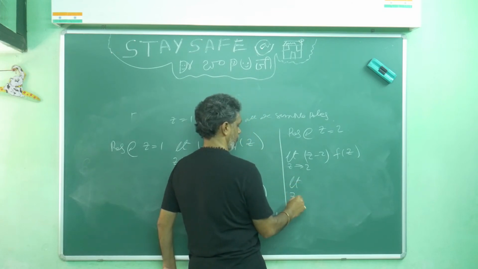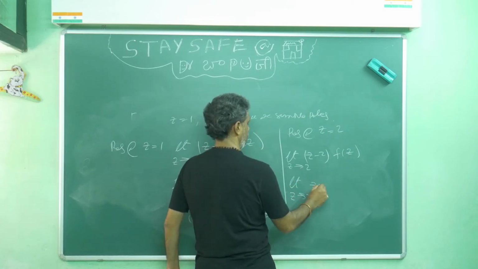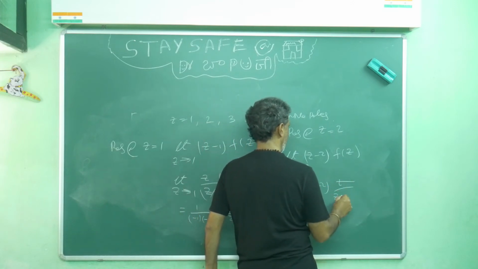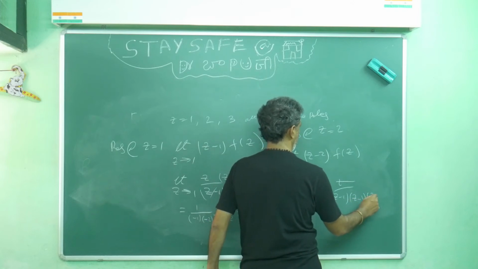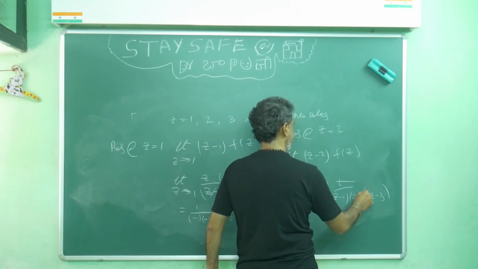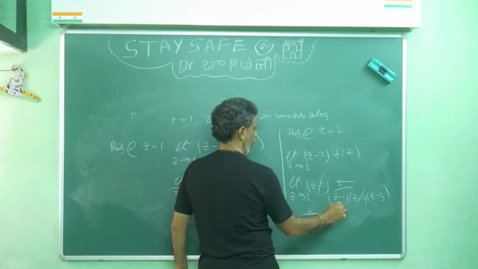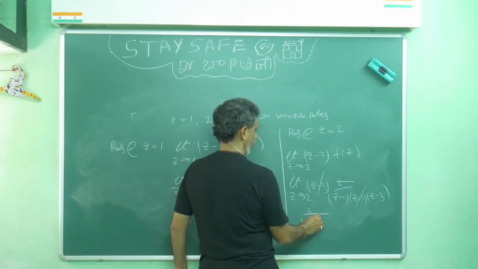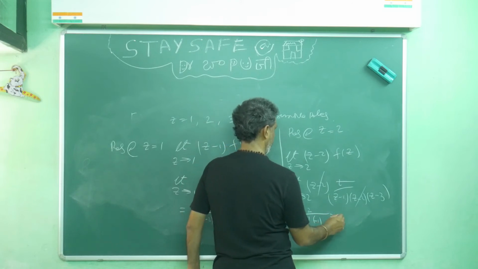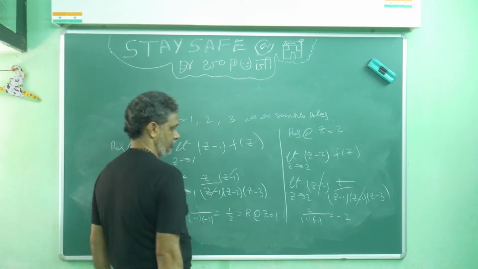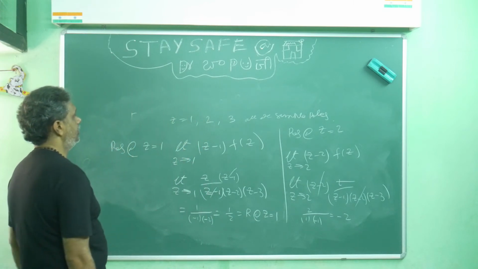Limit z tends to 2, (z minus 2) into z by (z minus 1)(z minus 2)(z minus 3). This factor cuts off. Now we can apply the limit: 2 by (2 minus 1) is 1, 2 minus 3 is minus 1, so minus 2. The residue at z is equal to 2 is minus 2.